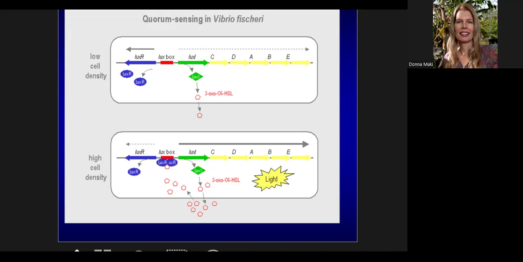All of them are just doing a little bit of it, but if you have 10,000 cells all around each other, then that signal starts to really accumulate and it'll diffuse back in. Now it's binding to the regulatory protein, and then that complex, the protein plus the chemical signal bound to it, will go and alter gene expression. In this case, let's go ahead and bioluminesce.